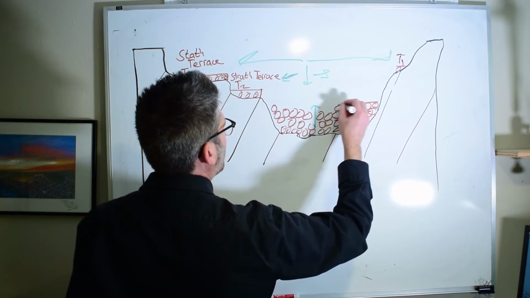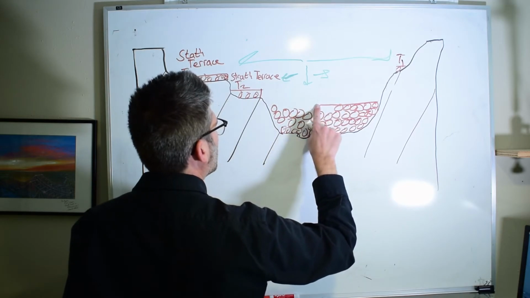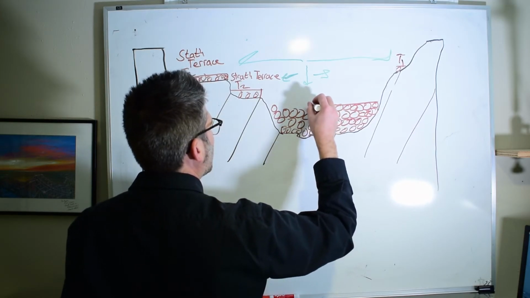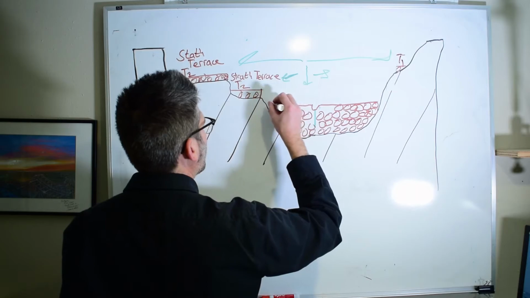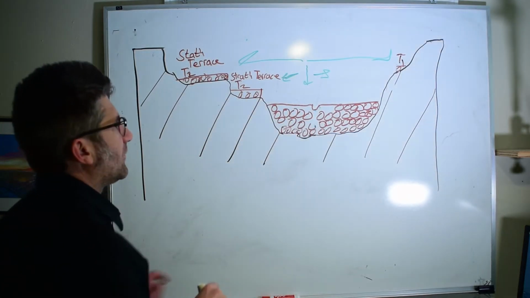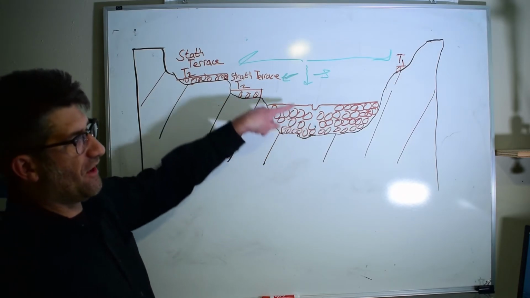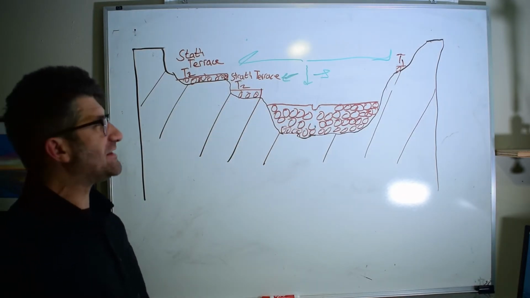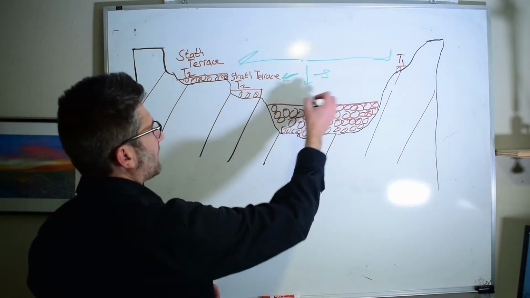We end up with a new location of our river that's flowing now, and it's become an alluvial river. It's flowing in its own sediments. So we've got a fill. We've filled the valley. Now it's not a terrace yet because the river's at this elevation.